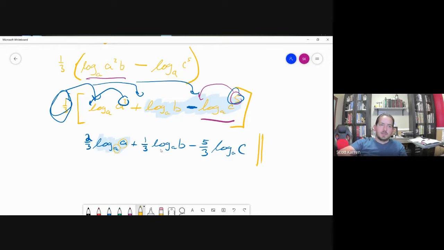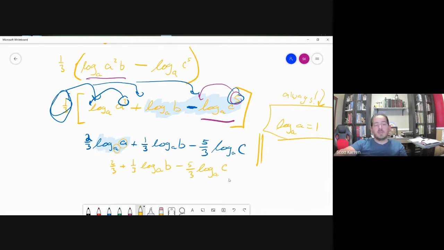So log base a of a is 1 will always be the case. And so this is then just 2/3 plus the rest of this stuff. 1/3 log base a of b. I can't do anything with that because I don't know what a and b are. And then minus 5/3 log base a of c. And we're done.